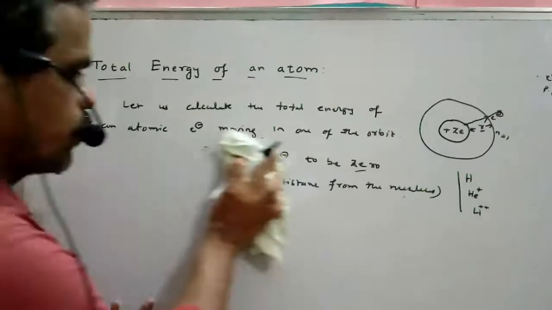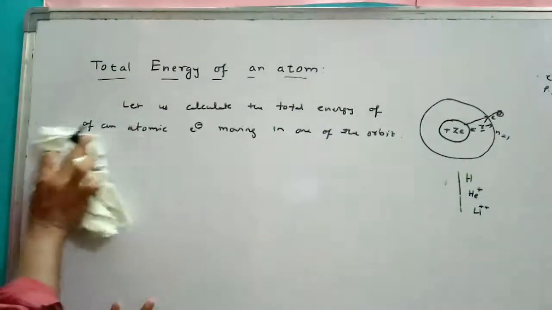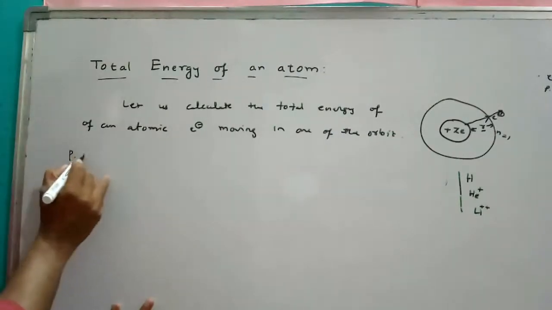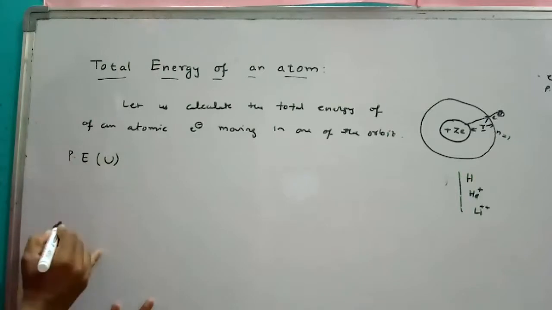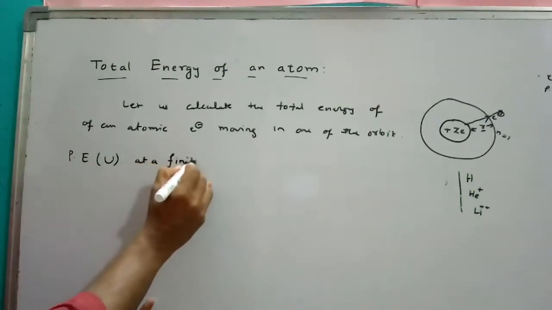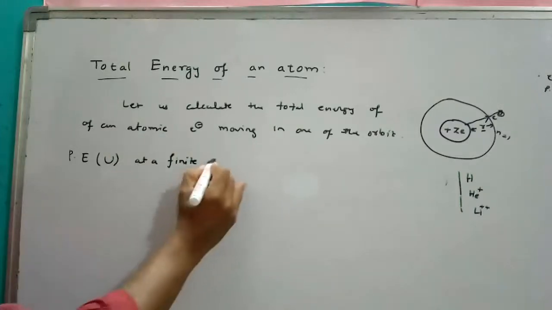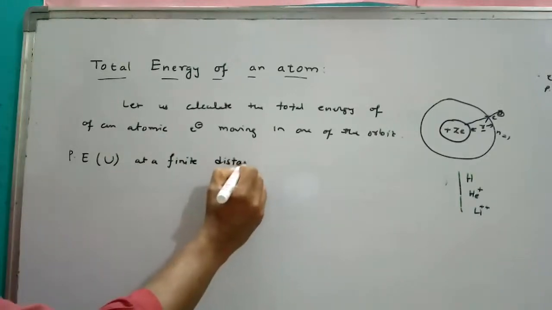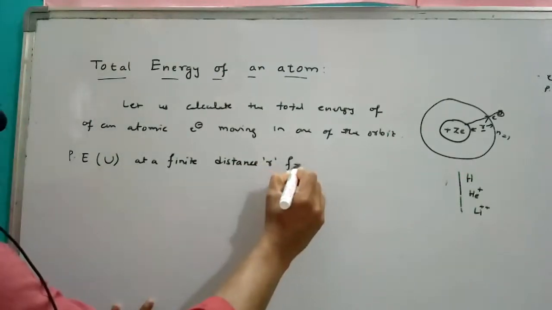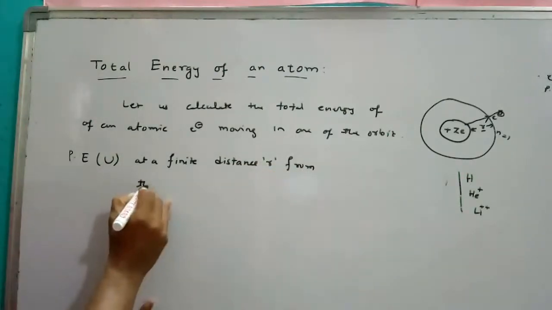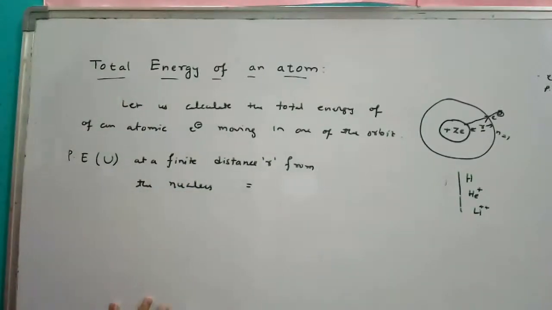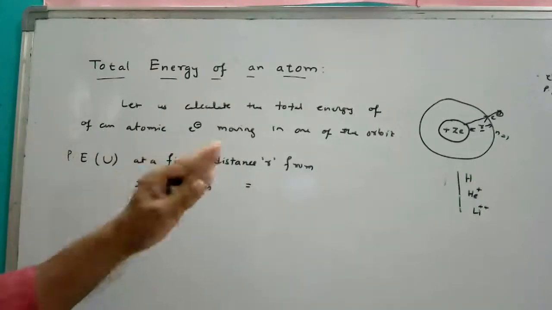So now, the potential energy of the electron at a finite distance r from the nucleus.